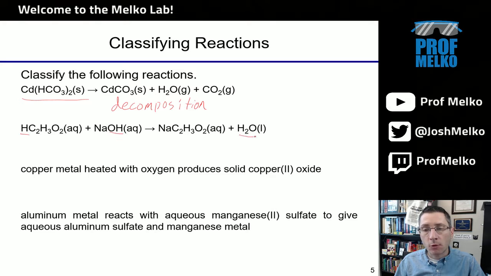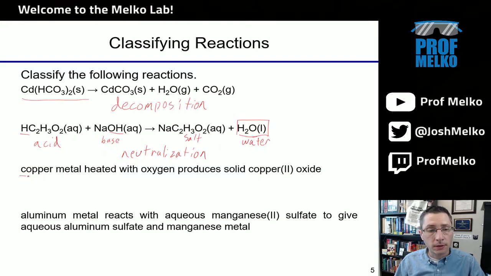We also notice that water is formed, characteristic of a neutralization reaction. So acid plus base makes a salt plus water. That's neutralization. So neutralizations will always have water as a product. But you should also be able to identify it by an acid plus base on the left.